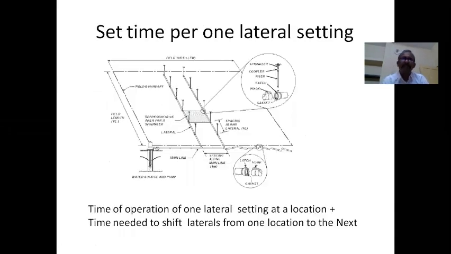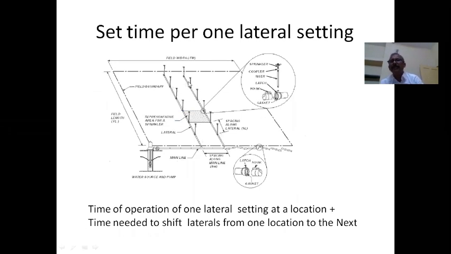Next terminology is set time. Set time per one lateral setting. In periodic move laterals, what is called set time per one lateral setting? So that is equal to this. This is one lateral, one lateral setting. Maybe in this case, two laterals are operated at a session.